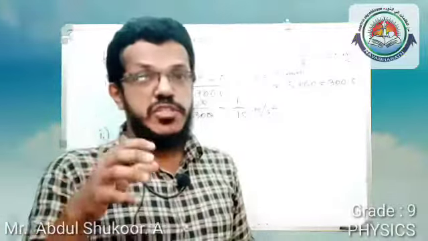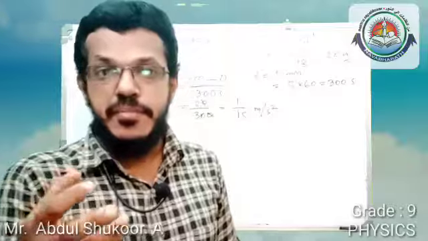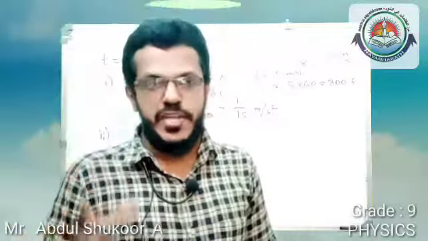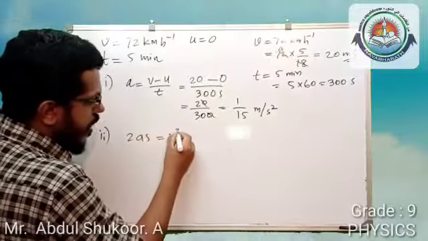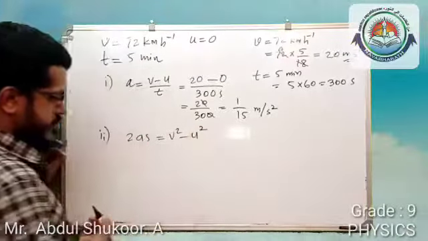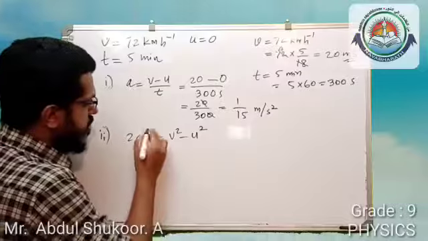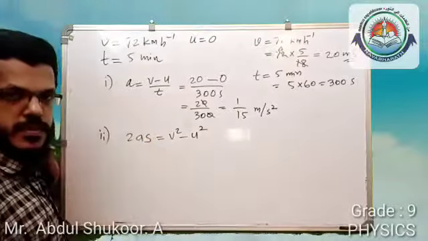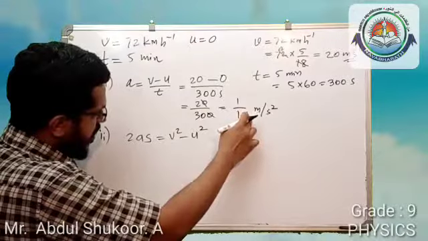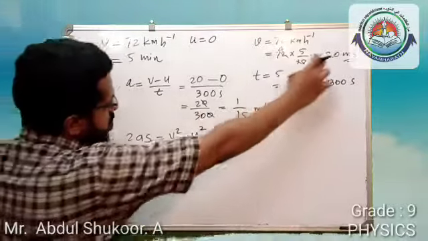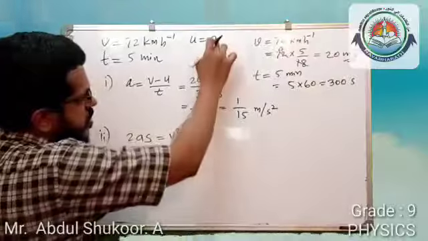If any question does not give time, then we can use the third equation of motion, 2as is equal to v square minus u square. We want to find the distance, which means we want to find s. We know the value of a is 1 by 15. What is the value of v? That is 20 meter per second. Then u is 0.